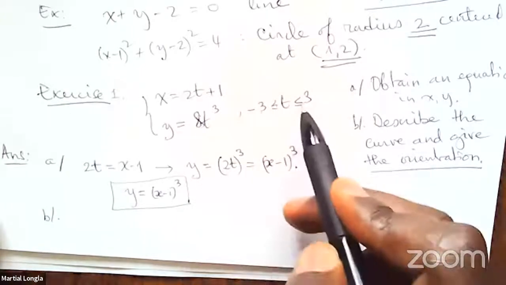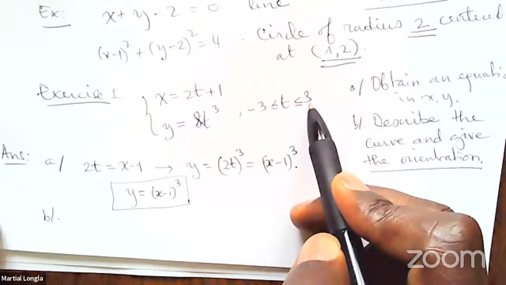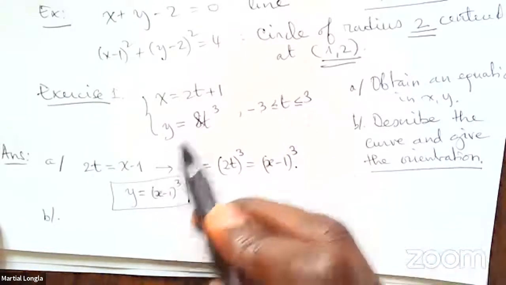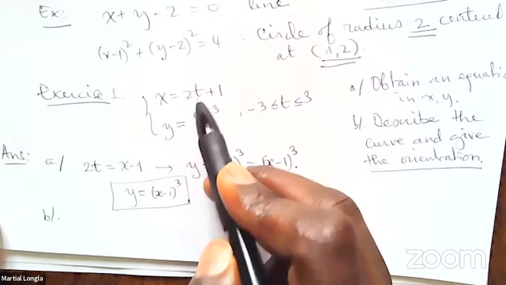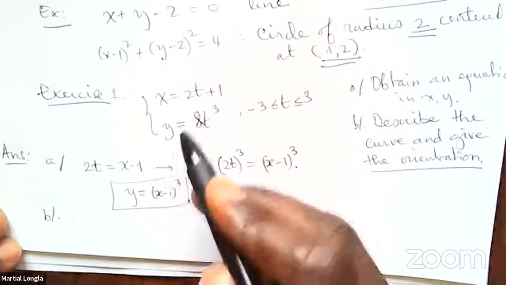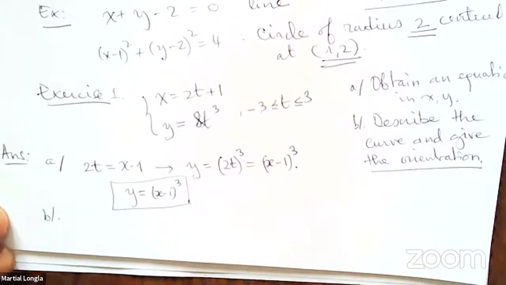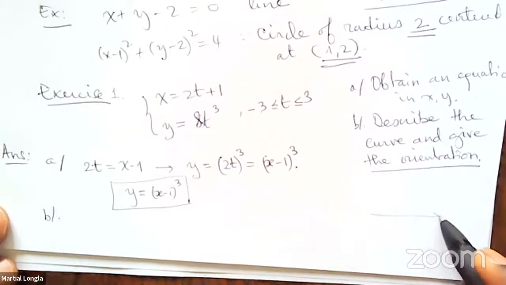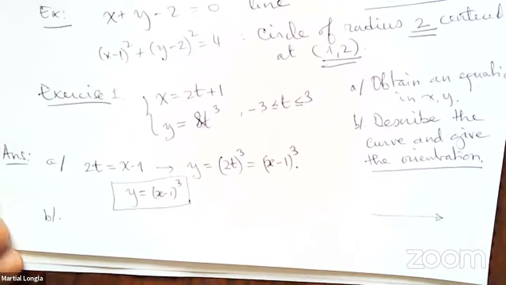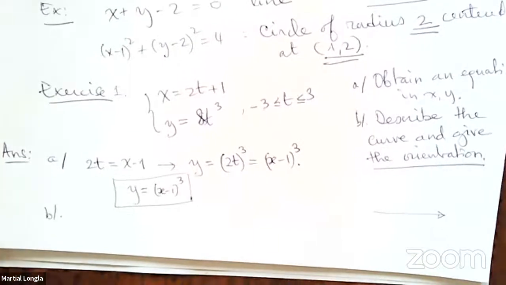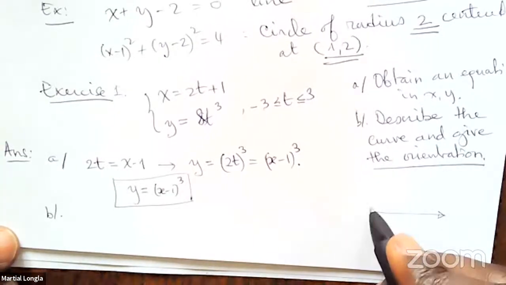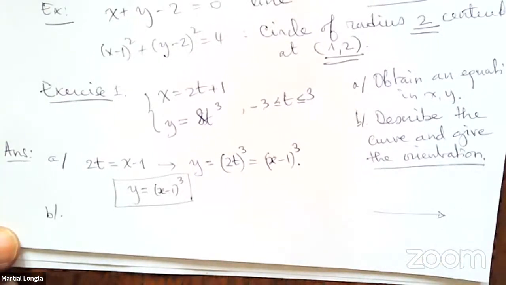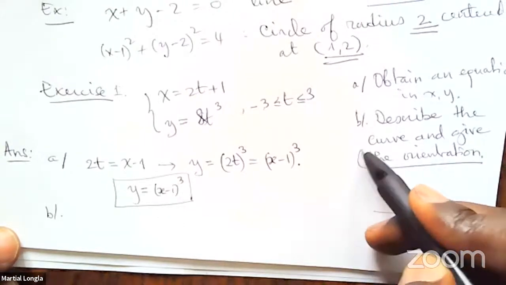And when t is 3, that's going to be x equal 2 times 3, 6 plus 1, 7. So the x is increasing. So it goes in the increasing direction of the axis, right? So it goes from left to right. That's about the orientation as it is asking.